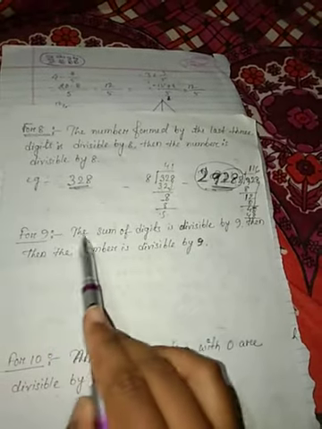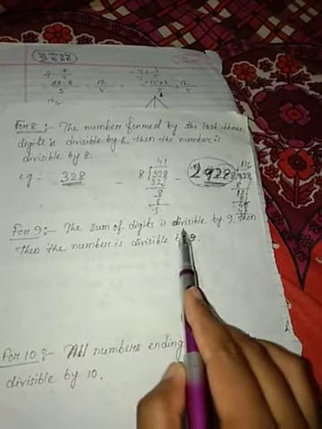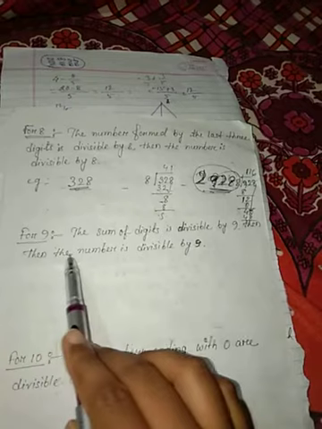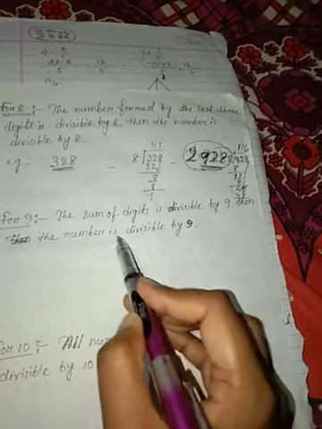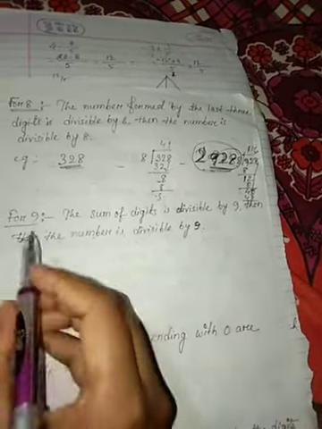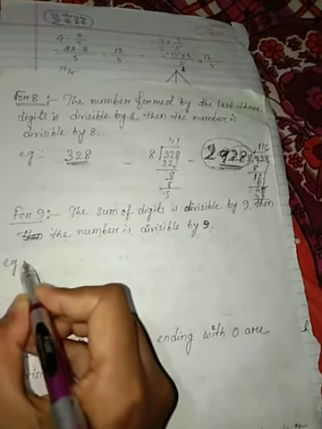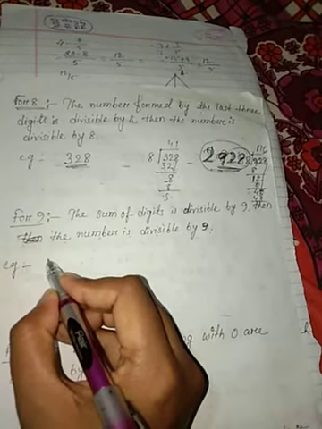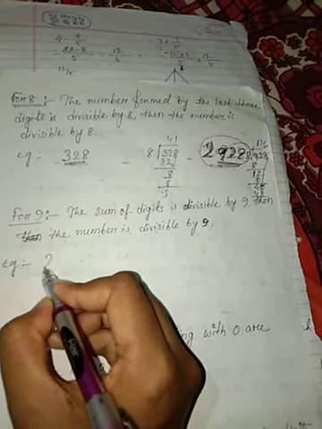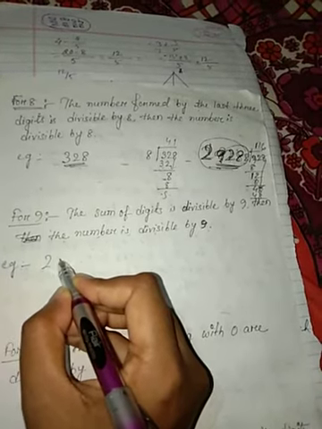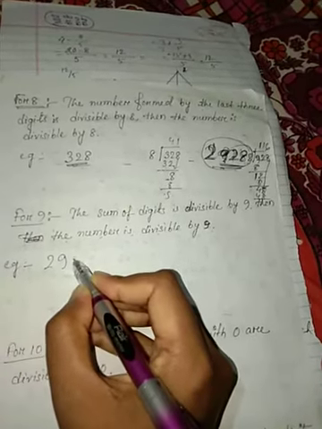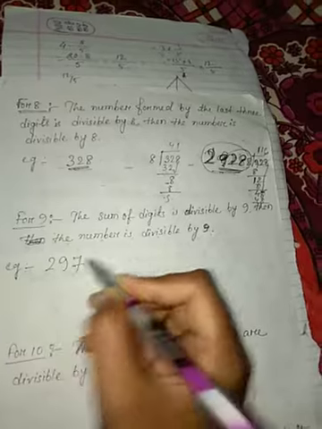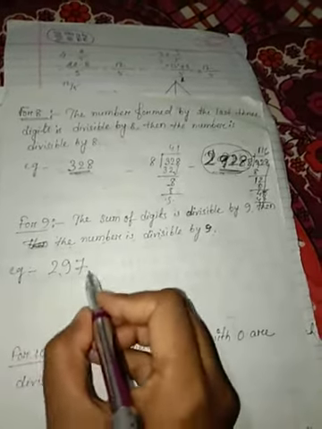For 9, if the sum of the digits is divisible by 9, then the number is divisible by 9. Example, 297.